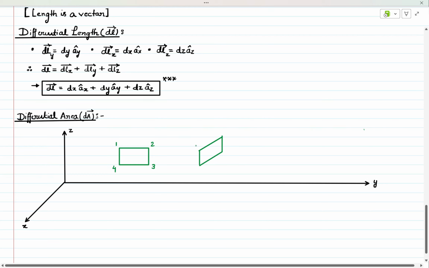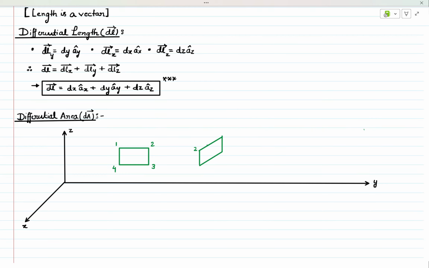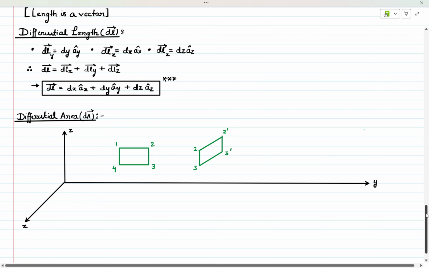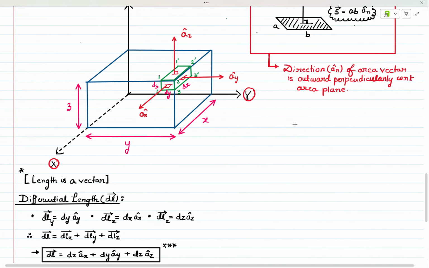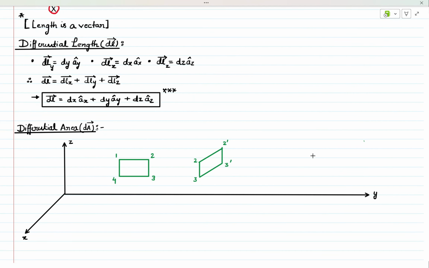Okay. This is the other area, and the last area that has been left is 1, 2, 1 dash, 2 dash. Okay. So let me draw this area also.